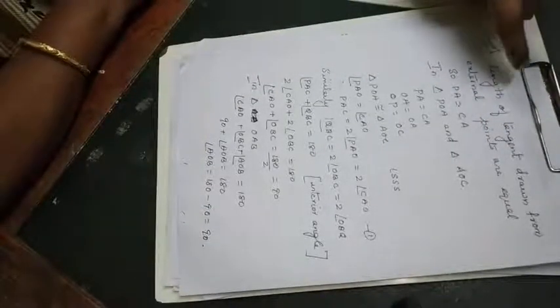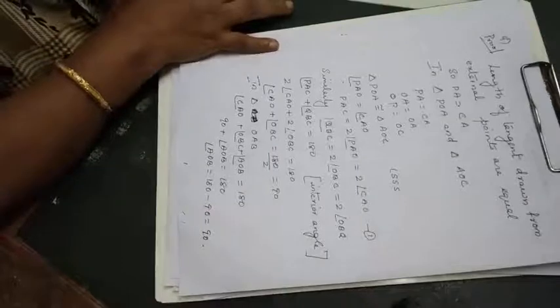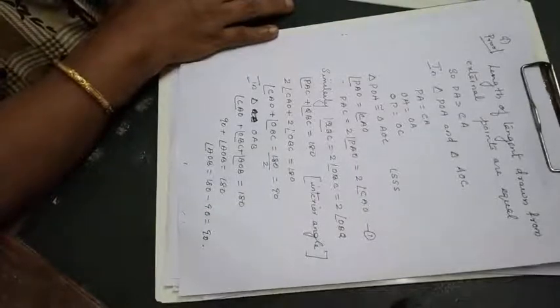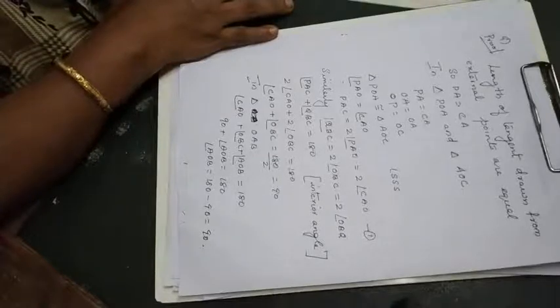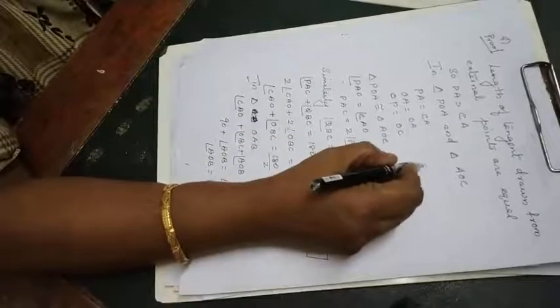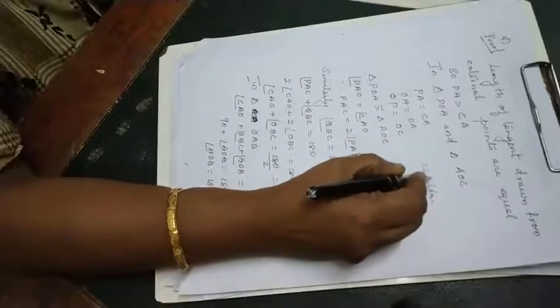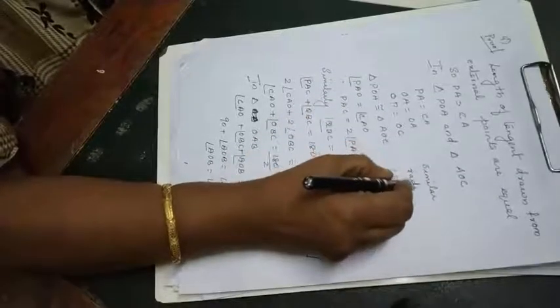First, starting with: the lengths of tangents drawn from an external point are equal. So PA will be equal to CA. Now in triangles POA and AOC, PA equals CA, OA equals OA itself, that is the same side. OP equals OC, that is the radius.